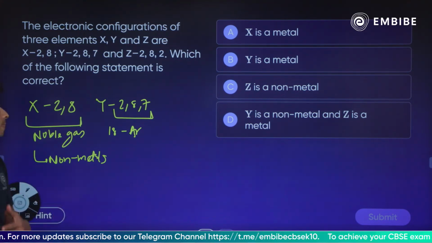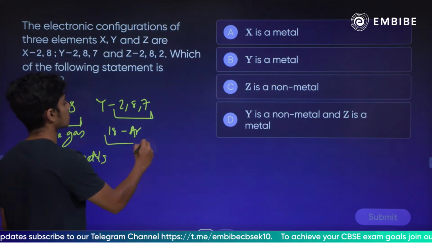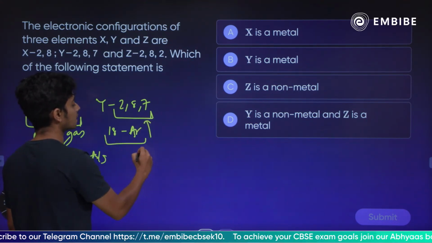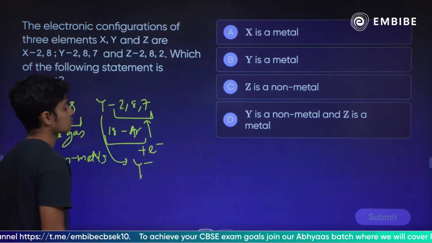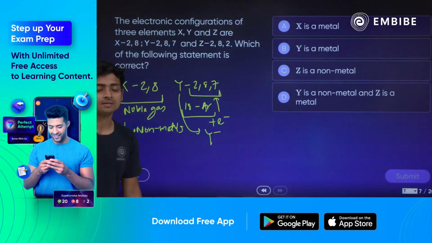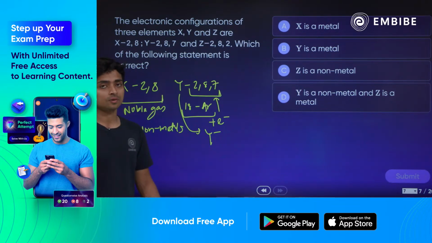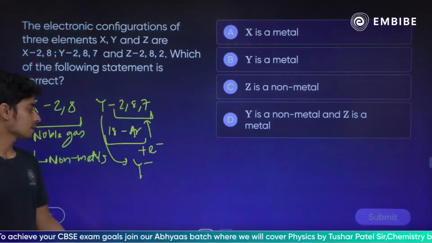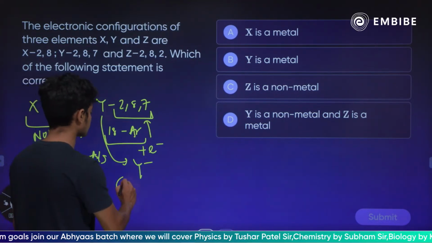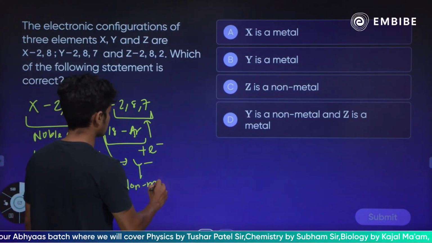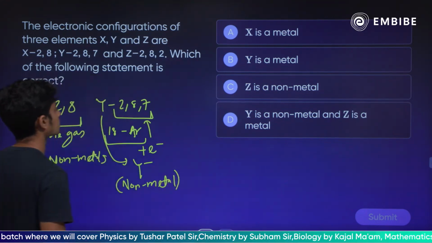So 2, 8, 7 as it gains an electron will form Y minus. Non-metals generally gain electrons to form anions, while metals generally lose electrons to form cations. Thus it will be a non-metal. So my Y is also a non-metal.